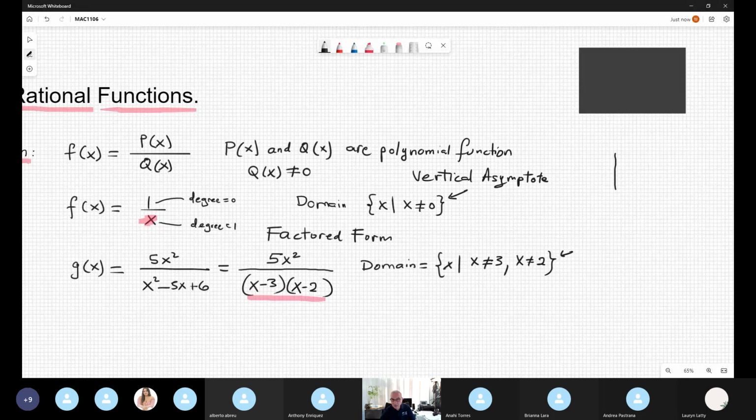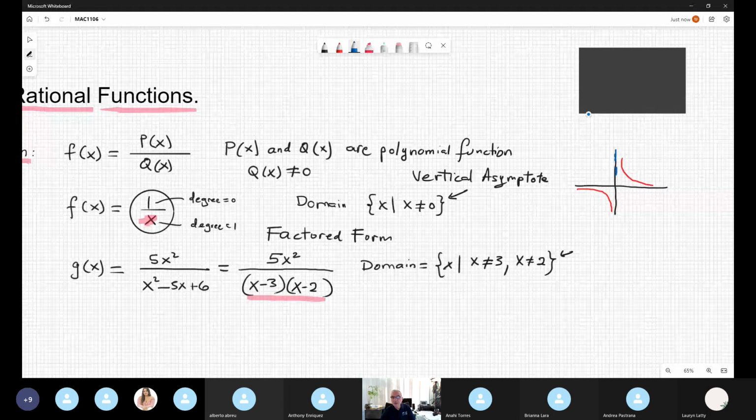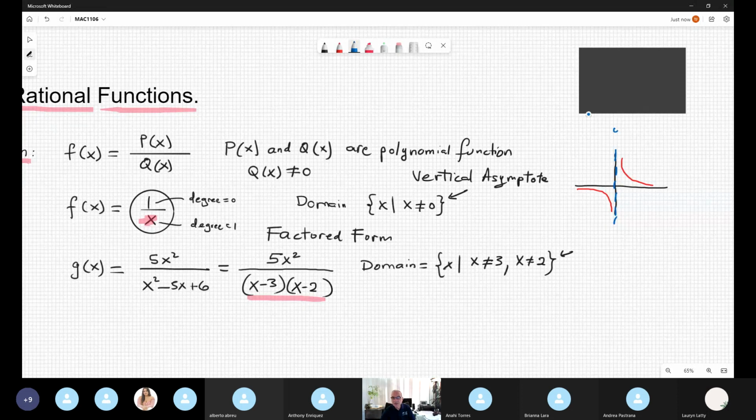For example, the reciprocal function, everyone knows very well. It looks like that, and like that. And we have one vertical asymptote at 0. It's a perfect coincidence with the y-axis.